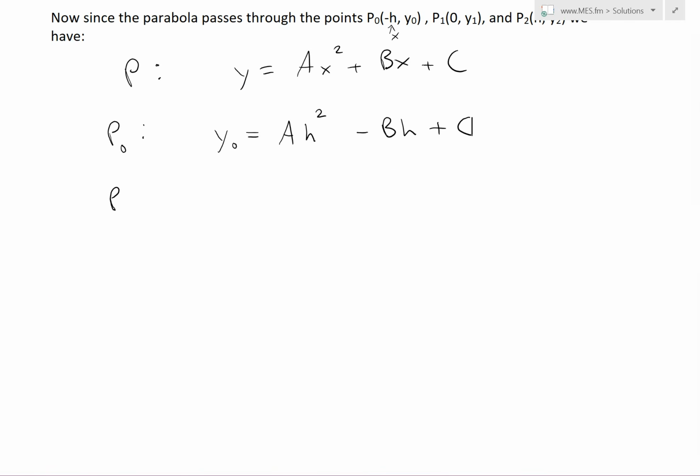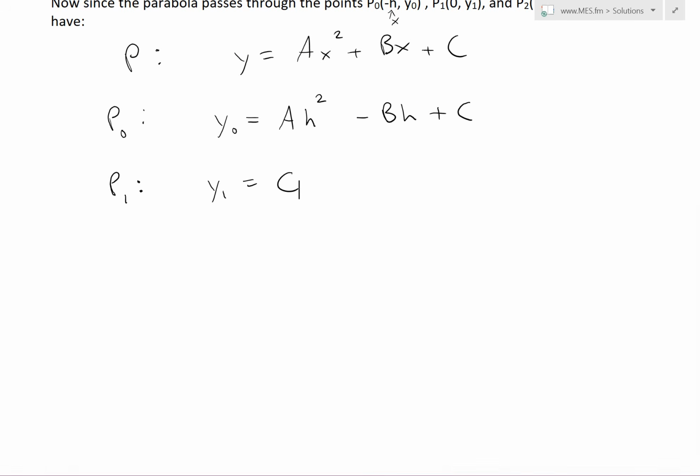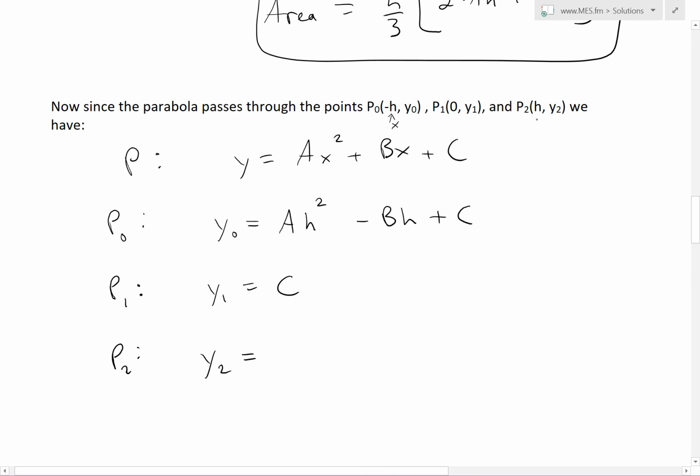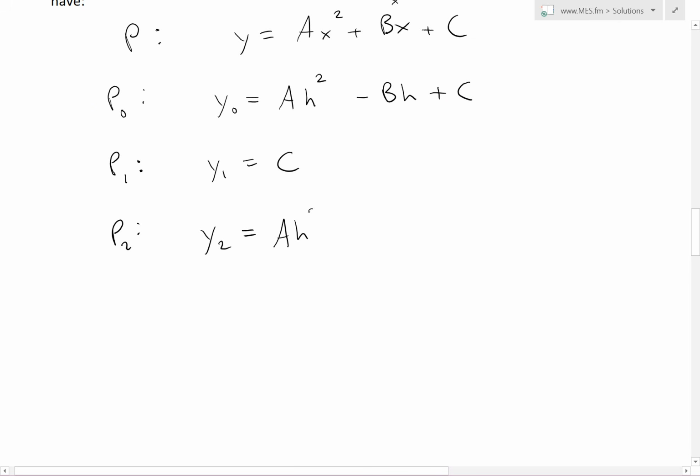So now P1, what we have is y1 equals, well, x is 0, so 0 plus 0 plus c, that's it. And then P2, this is our y2, well, x is h, so we just plug in h inside. So we get ah squared plus b times h plus c.